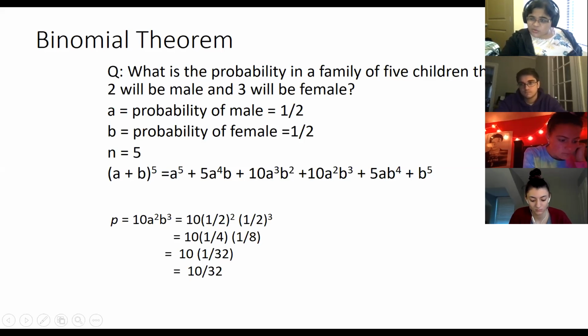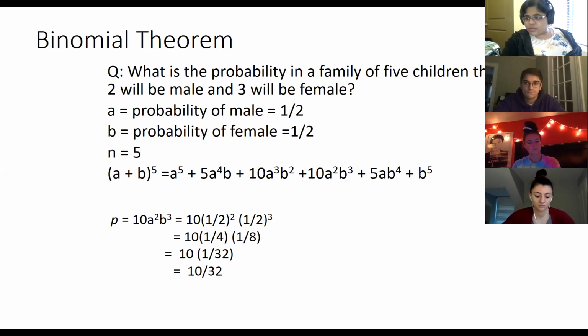Any questions so far, or do you guys just want to go through that on your own as well? So if we had 5 children, and if we had 3 males and 3 females, well, no, hold on. No, not half and half.